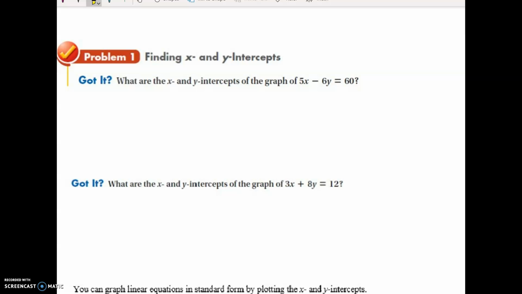So remember, you're going to plug in 0 for x, and you're also going to plug in 0 for y. If I plug in 0 for x here, I'm going to be left with negative 6y equals 60. If I plug in 0 for y, that's going to go away, and I'm going to be left with 5x equals 60. So now I have each equation with one variable that I can solve for.